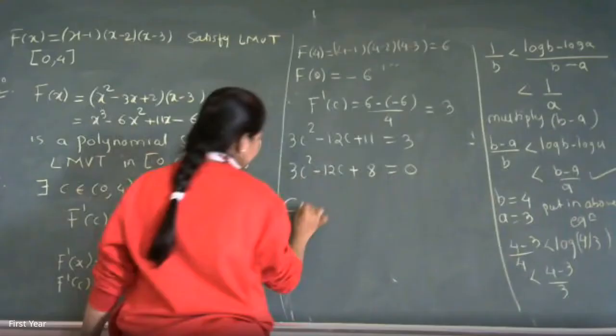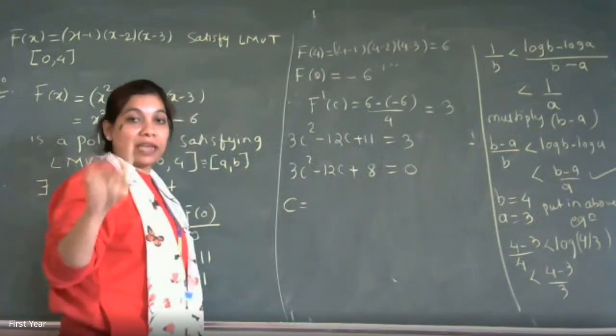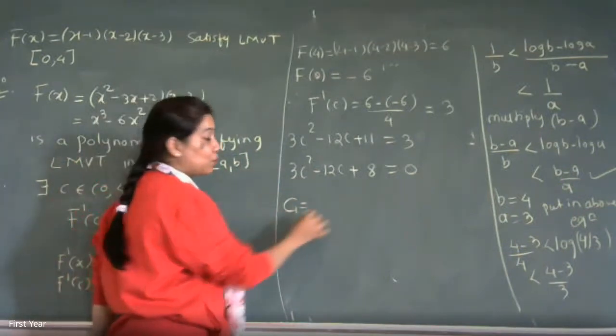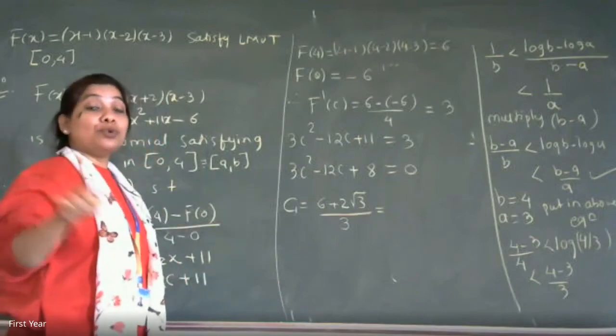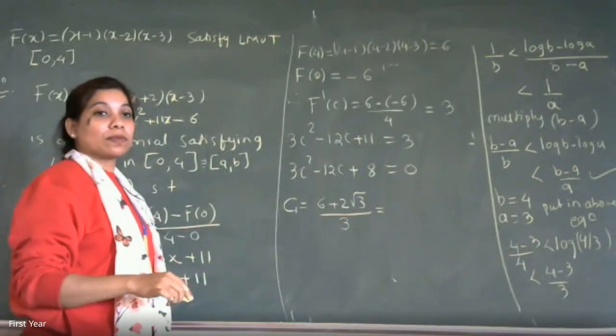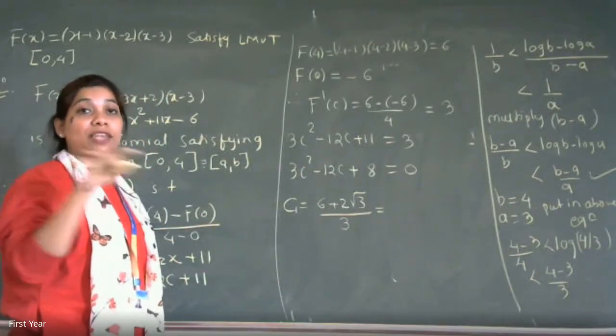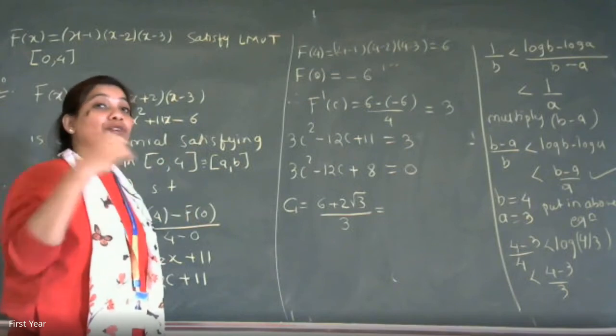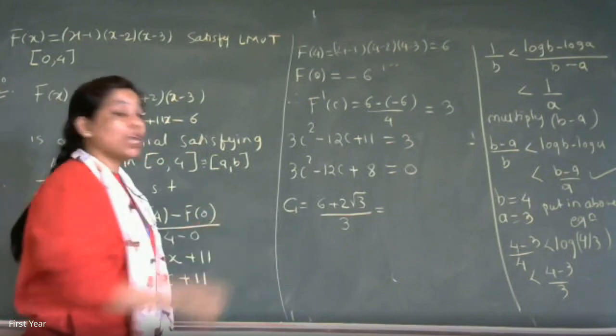Once you press equal to, you get the first root, which is 6 plus 2 root 3 divided by 3. Now press S to D. There is one option on the calculator S to D, that means it is converting fractions to decimals. That will give you the exact value of C1.